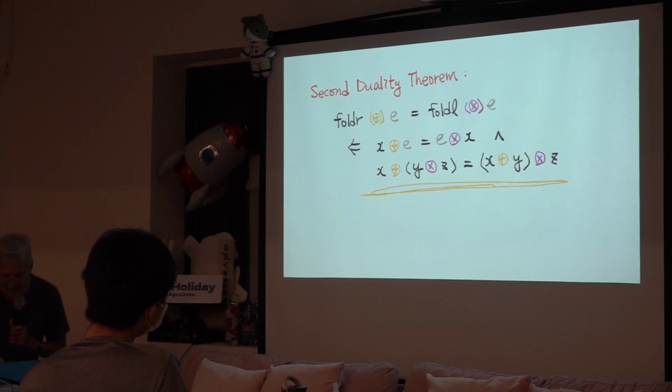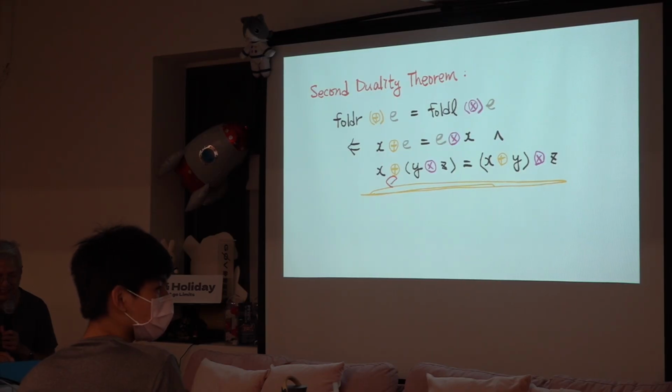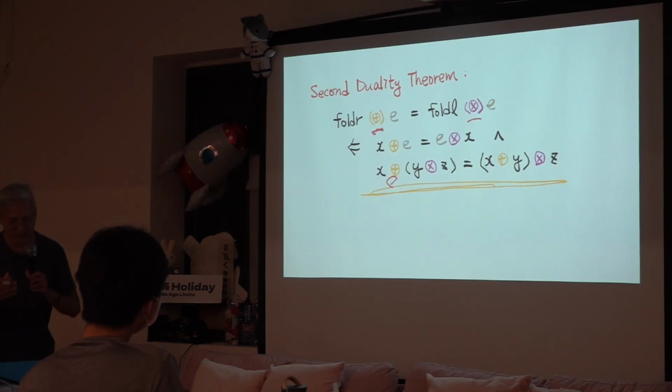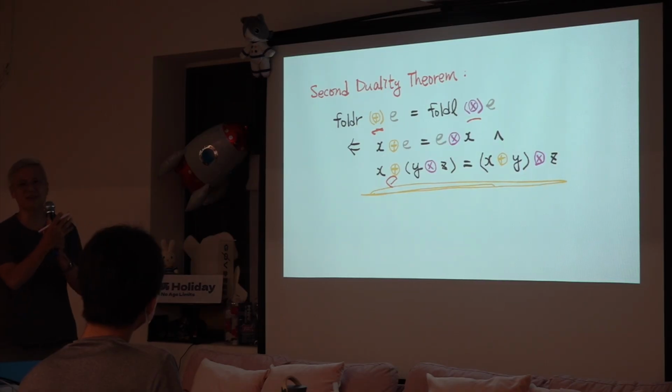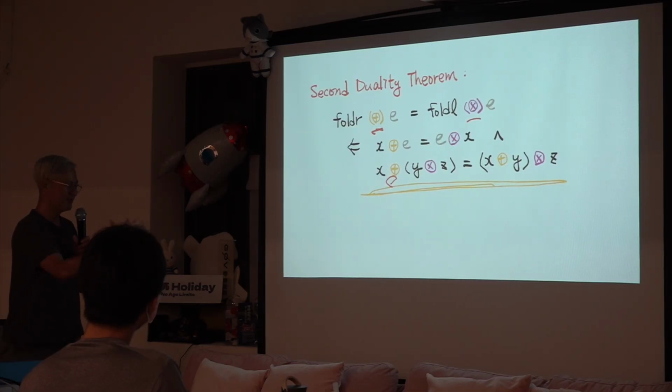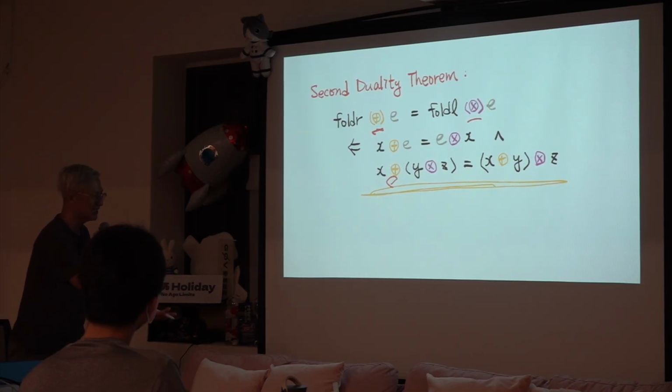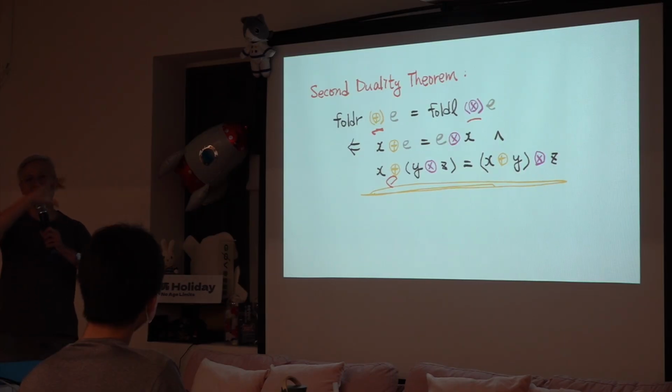It basically says that the yellow thing and the purple thing, when mixed together, can be swapped, or they are kind of associative. You can move the brackets around, and that allows you to turn a right associative computation into a left associative computation.